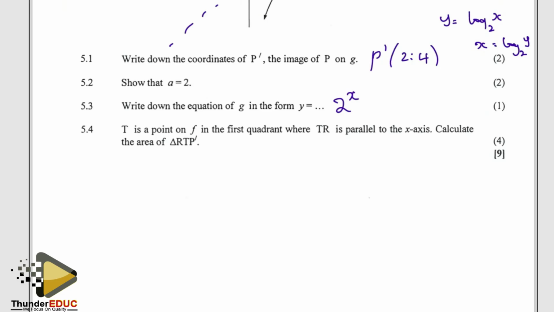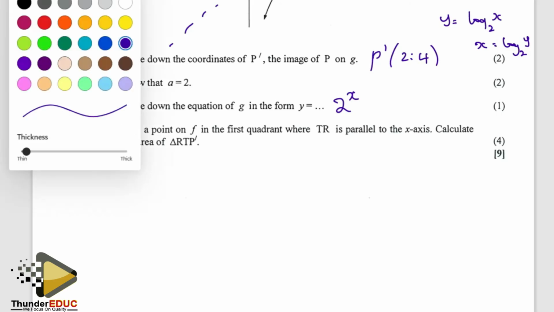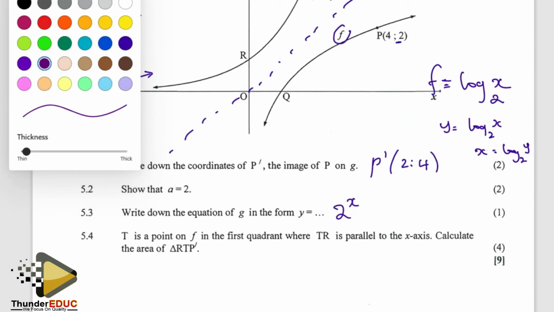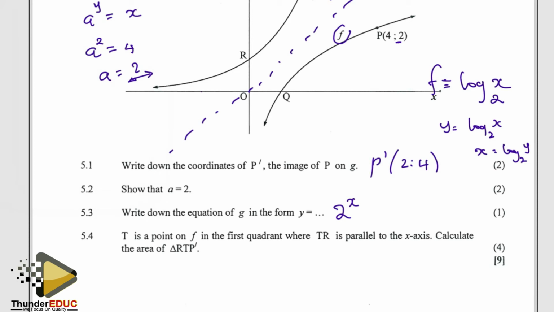Okay, then 5.4, T is a point on f in the first quadrant. Let me just try to use a different color. T is a point on f such that the lines are parallel.